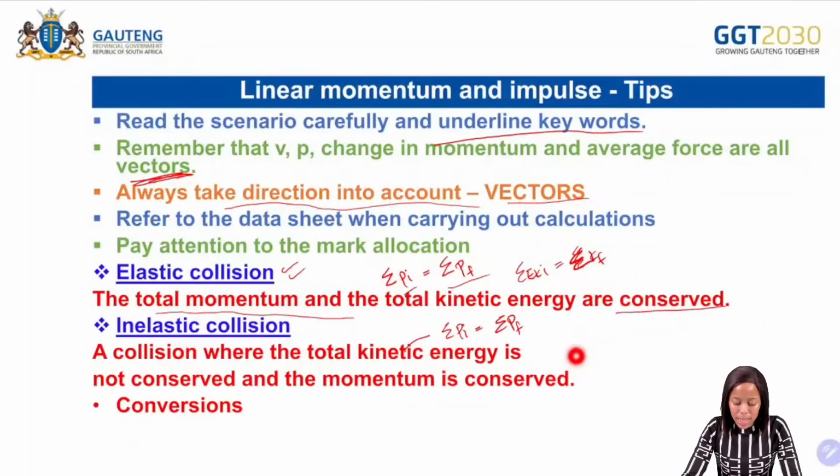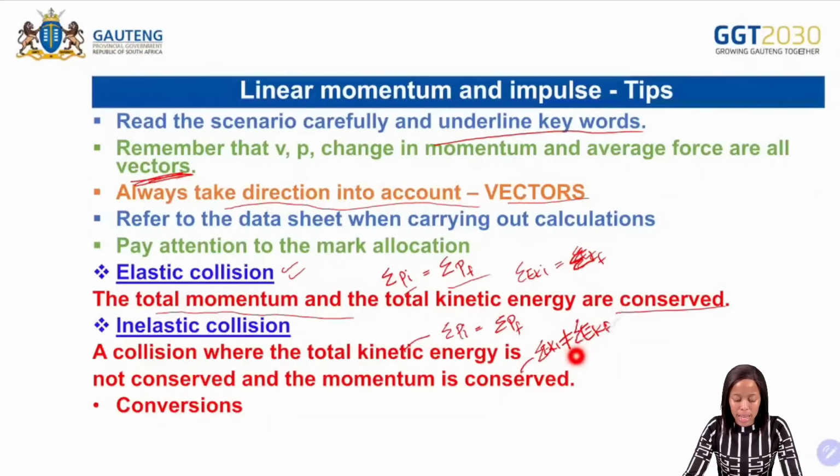But in terms of the kinetic energy, the sum of the kinetic energy before the collision is not equal to the sum of the kinetic energy after the collision. So know and understand how to apply elastic and inelastic collisions.